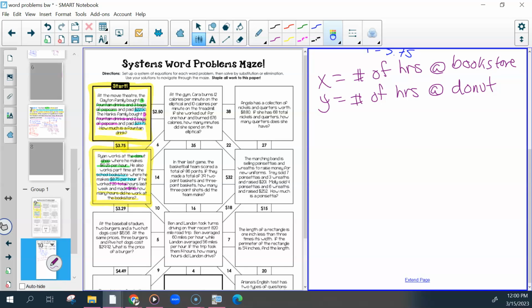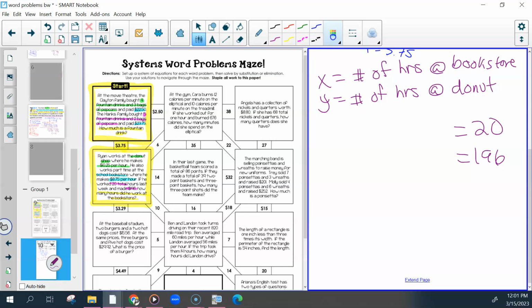So then we have to set up our equations. We know 20 and 196 are our two totals. This will be set up very similarly to the very first word problem we did.